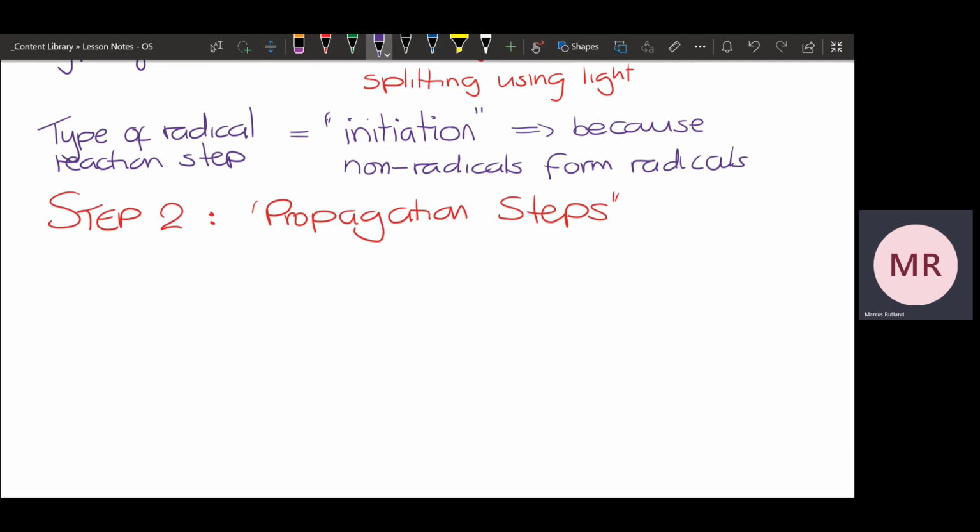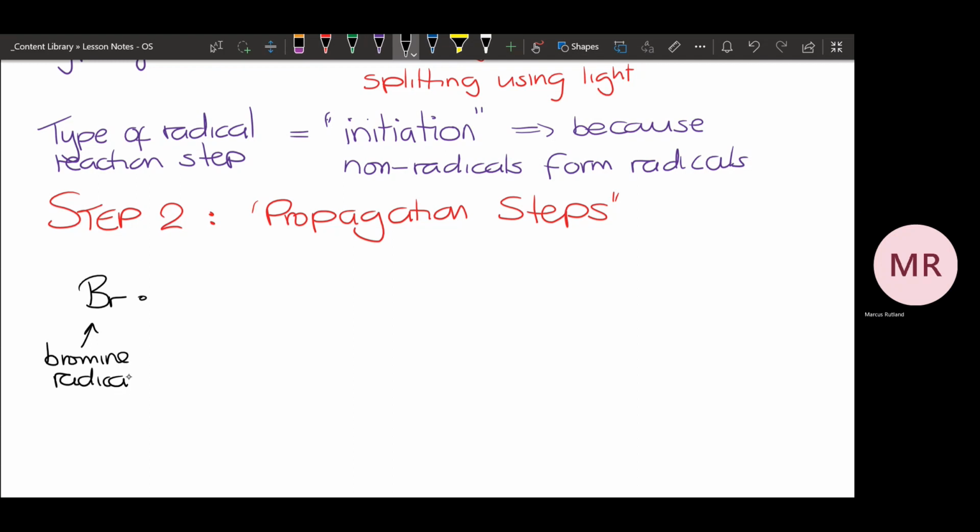But this is going to introduce you to how radicals react. So just look carefully. We've got our bromine radical that formed in step 1. So this is a bromine radical. And that's going to react with our methane molecule. And the way it does it is a tale of bad manners in terms of relationships.